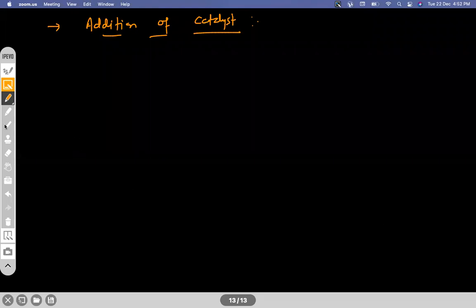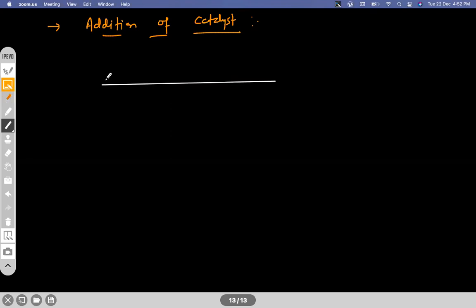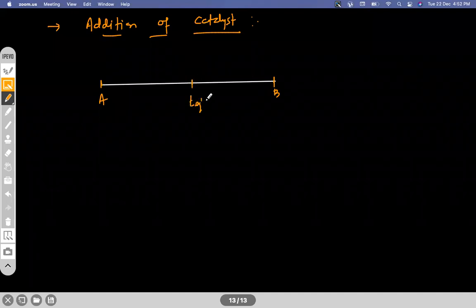What does it mean? Suppose we have a reaction A and B, and we have an equilibrium state somewhere in between. So this is the equilibrium state we have. This equilibrium state won't change in presence of catalyst also.